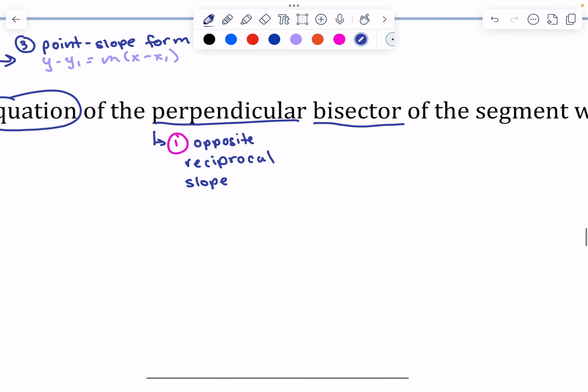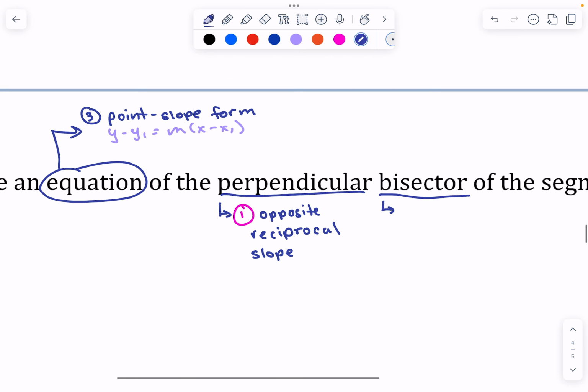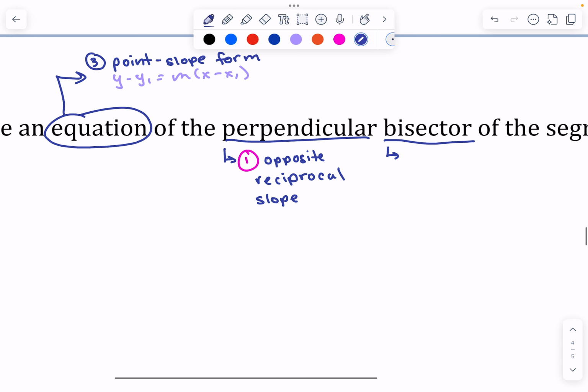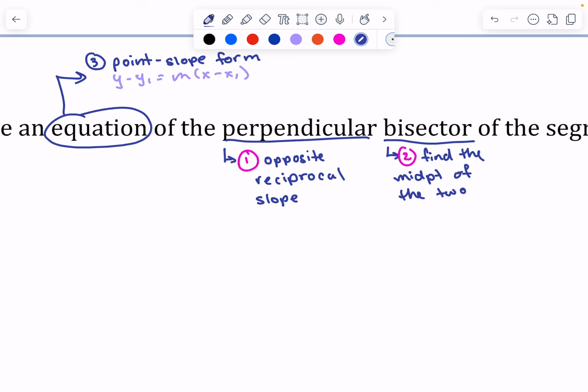Then bisector, meaning cut in half. So when we're trying to cut something in half on the coordinate plane, what you want to do is the midpoint. So this is going to be step 2. You want to find the midpoint of the 2 points.